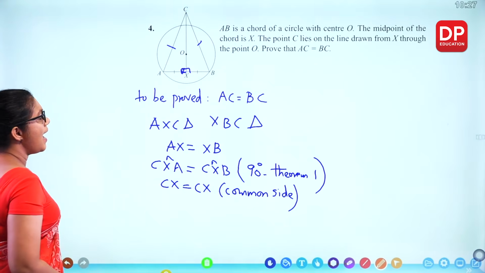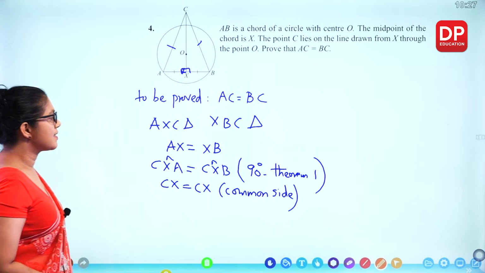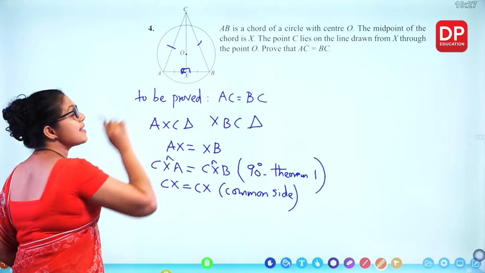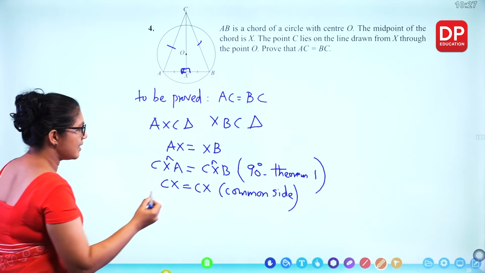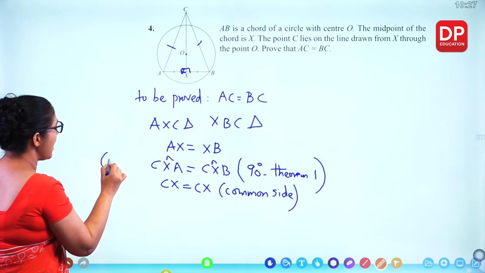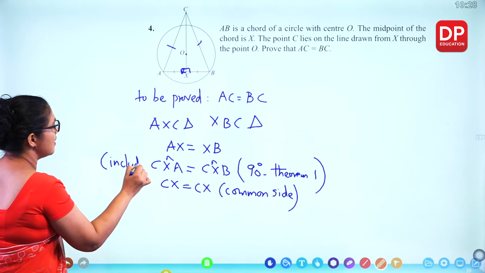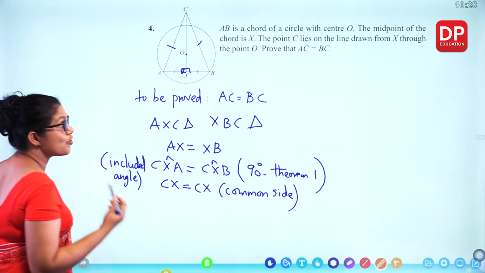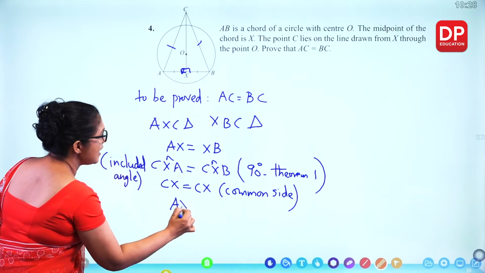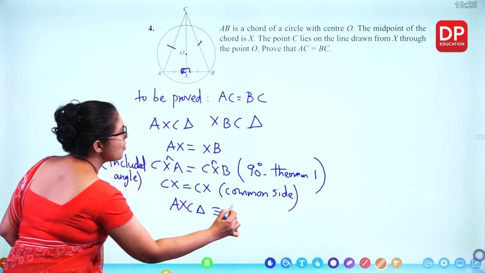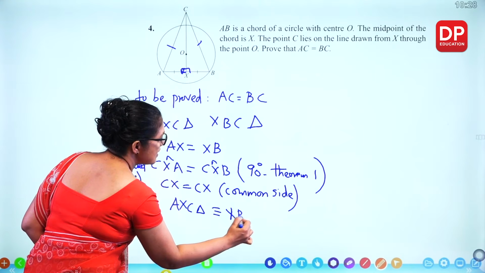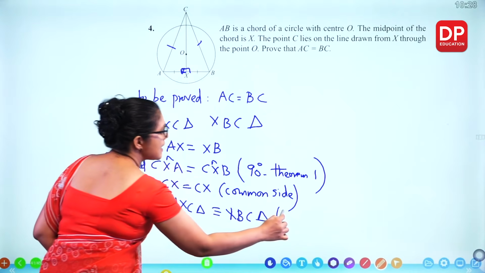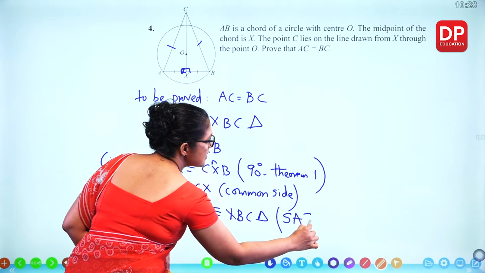So here angle and two sides, side, angle, side. And also we know this angle is the included angle to these two lengths. So we can say straight away AXC triangle is congruent to XBC triangle. What's the reason? Side, angle, side.